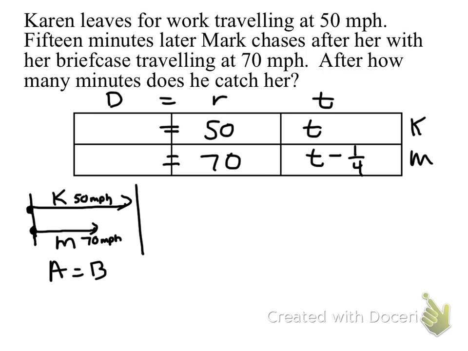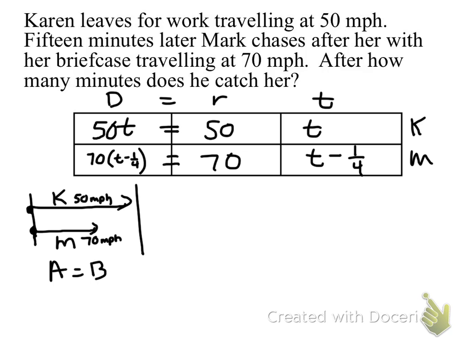He's in the car less time. If you multiply the rates, for Karen it would be 50T. Okay, and then Mark would be 70 times the quantity of T minus 1/4.